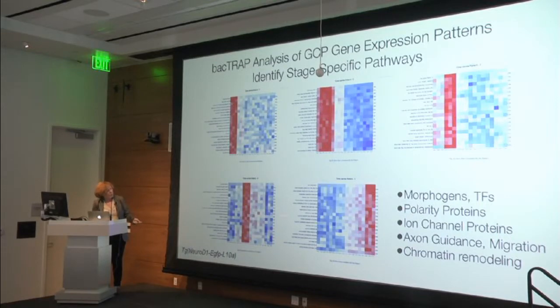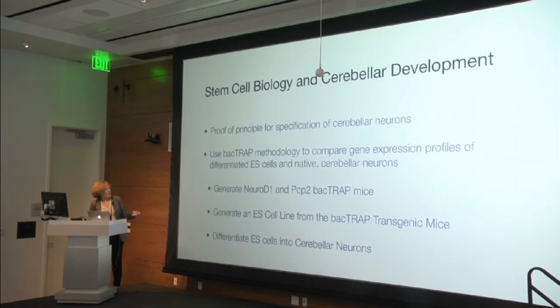We know a lot about this gene set, and we want to use this gene set in order to directly compare native cells with differentiated ES cells, because we believe this will provide a more rational method for inducing the cells to be the ones you want.